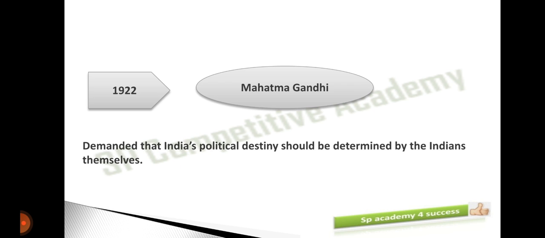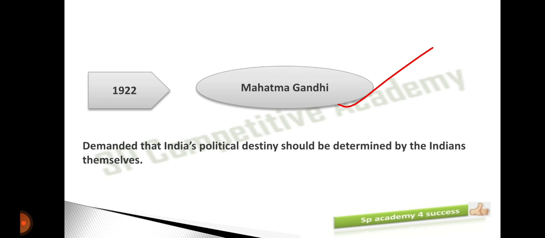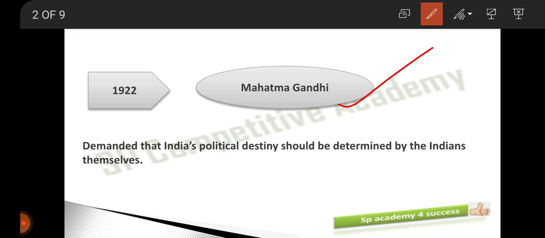Now, moving on. The first point here is, who is the first person who desired to have a separate constitution in India? Who first proposed this? It is Mahatma Gandhiji. Mahatma Gandhiji proposed that we should have a constitution, in 1922.